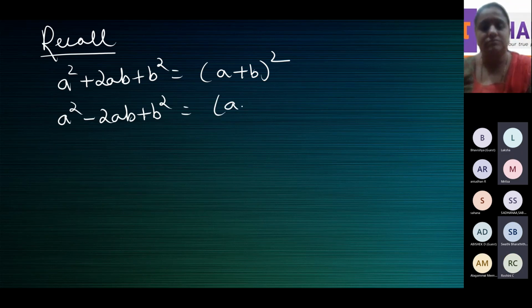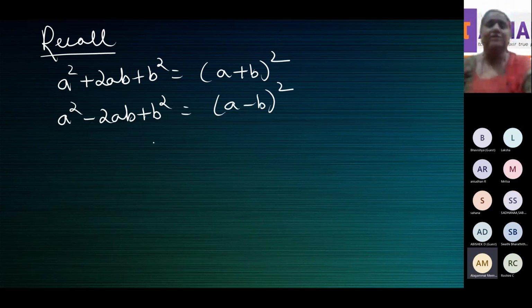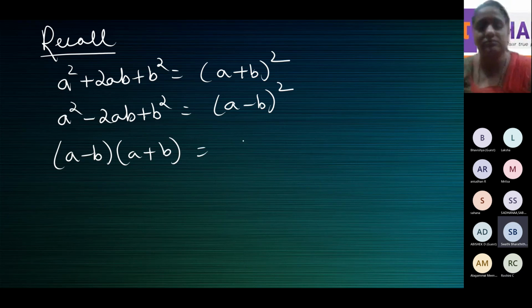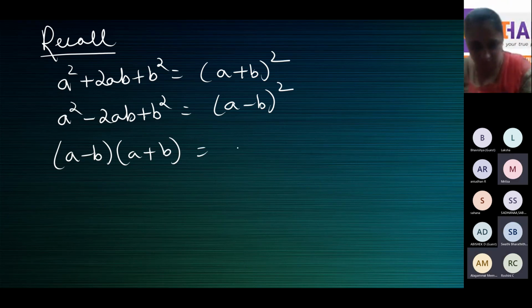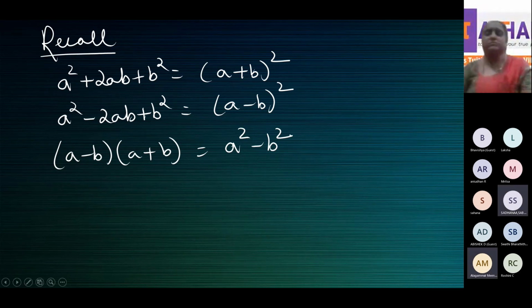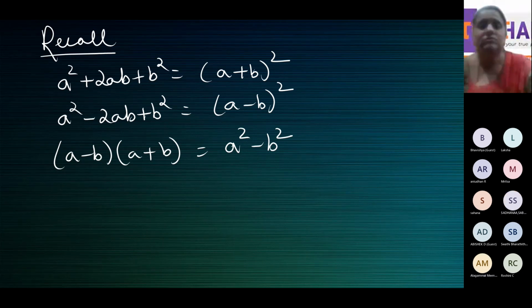It is a minus b the whole square. Very good. What is a minus b into a plus b? A square minus b square.